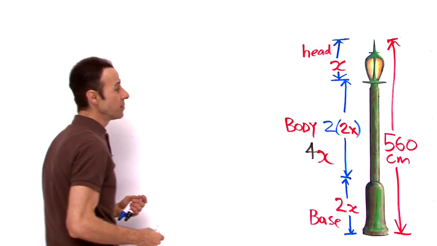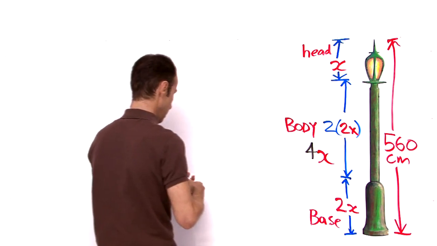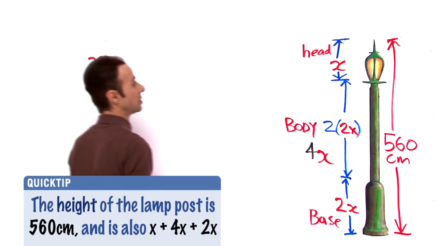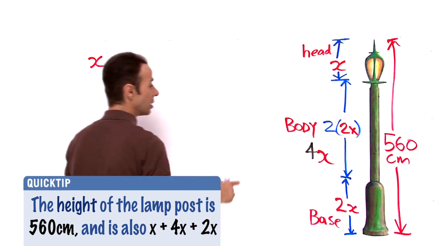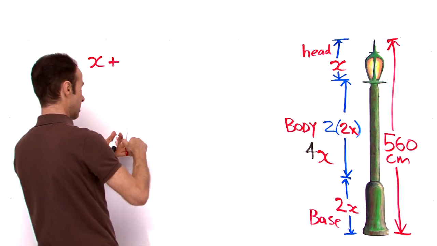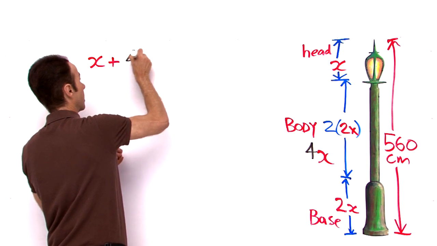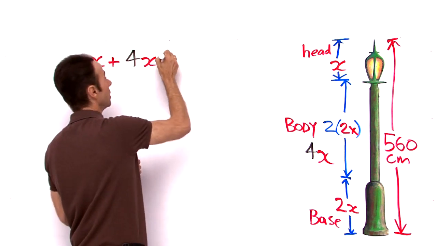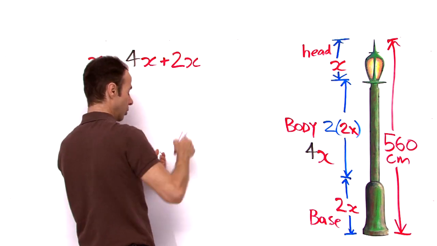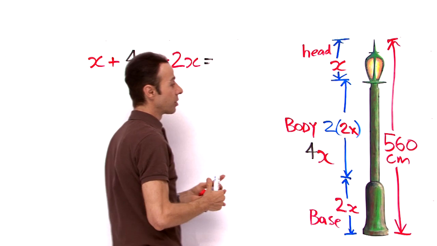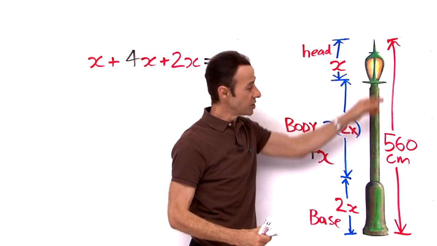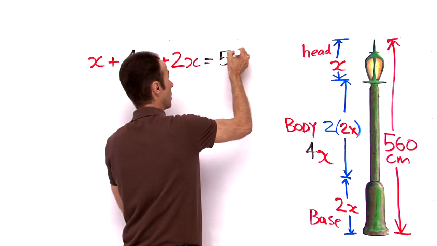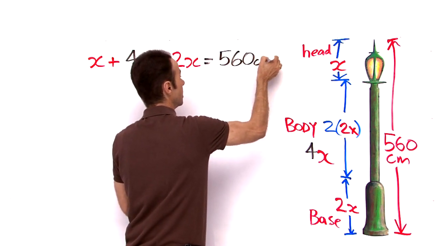So let's form an equation. What do we have? We've got x over here, plus the next section, which is the body, 4x, 2 times 2x, plus the base down here, 2x, all equal the total length of the whole lamppost, which is 560 centimeters.